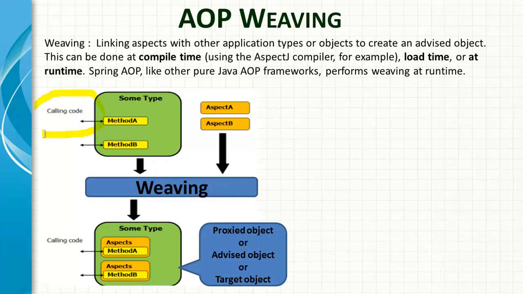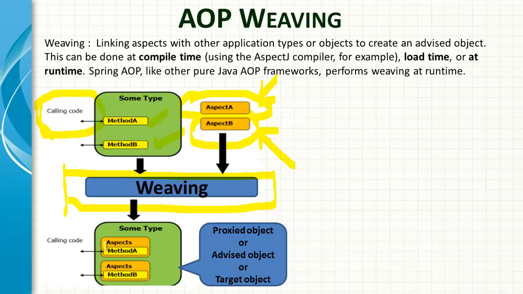You have the actual code, the main business logic, the stuff in blue. It has a method A, method B, and you have aspect A, aspect B, your security, your transaction management, your auditing, your logging. You do a weaving of these two codes together, and once the weaving is complete, the aspect is attached to method A, aspect B. It is just an example.